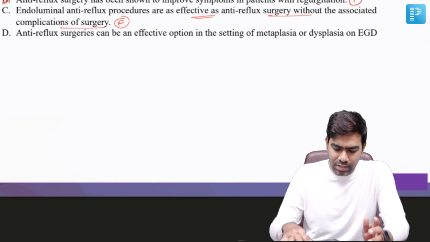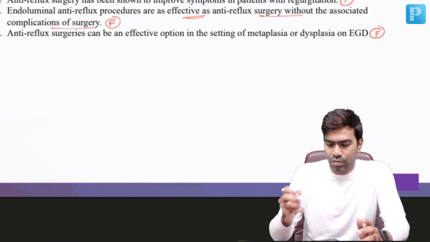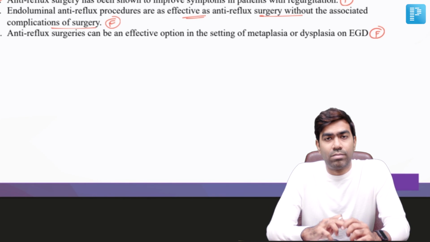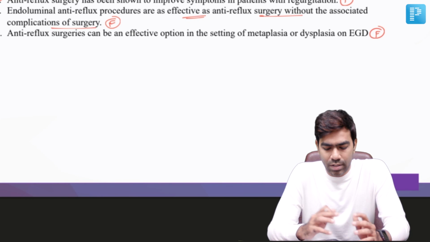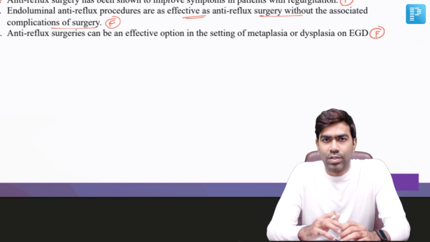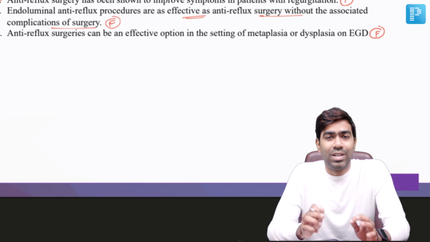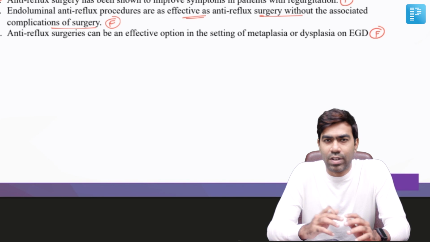And anti-reflux surgeries can be an effective option in the setting of metaplasia or dysplasia on endoscopy is also a very false statement, because whenever the patient is having metaplasia or dysplasia with Barrett's esophagus, the right treatment option is going to be therapy of that metaplasia or dysplasia, or you can go for frequent endoscopic surveillance.